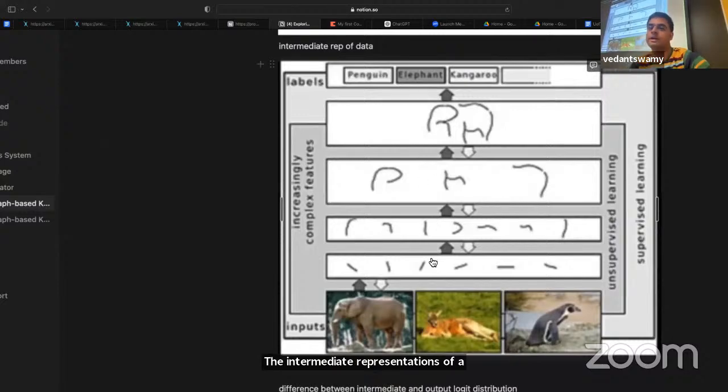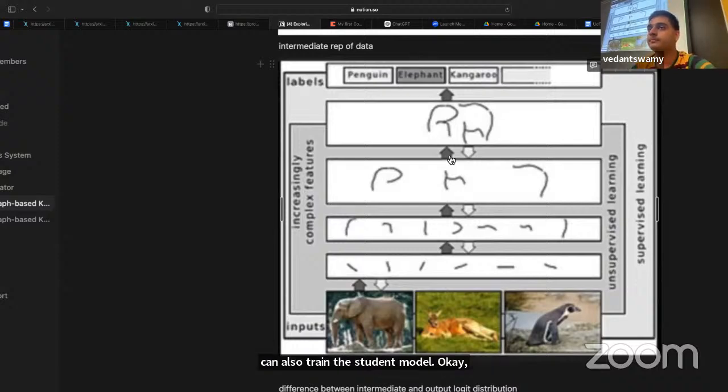For example, as you can see here, an elephant has been broken down into several features inside the model. We have a straight line, then a squiggly line, and then all the way up to an elephant. This refers to various features inside the model. So we can also train the student model.